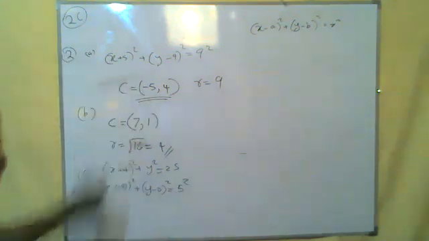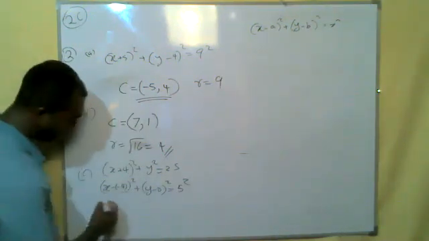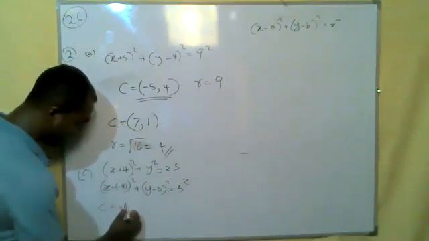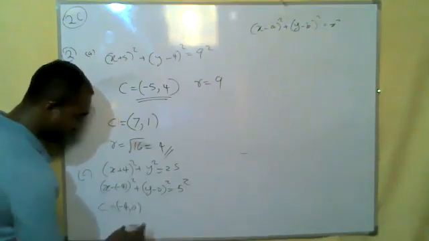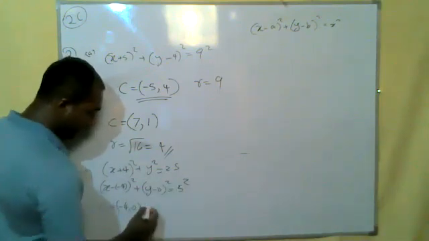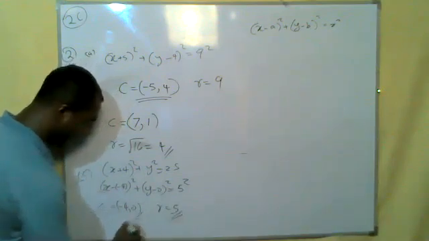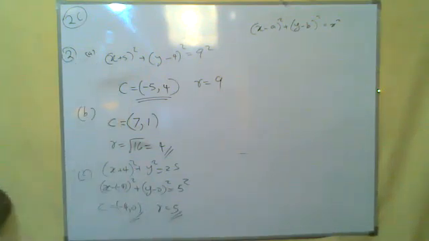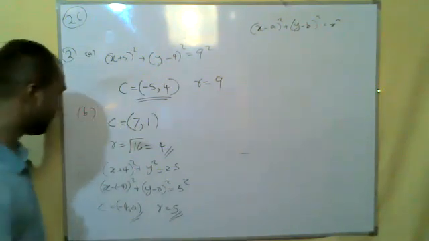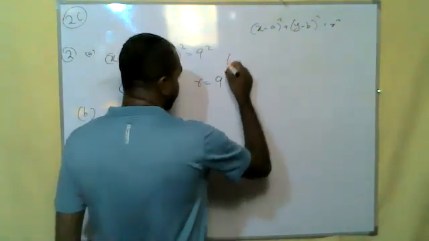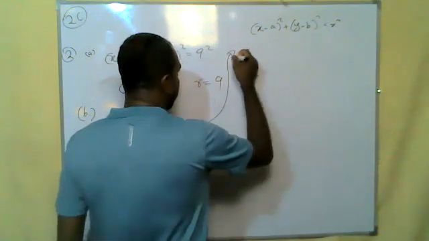Now it is in the standard format. So we can write the center C as (minus 4, 0), and the radius equals 5. Always make sure it is in the standard format before writing the center and the radius, or before identifying the center and the radius.